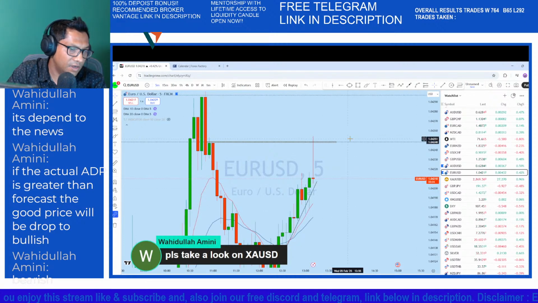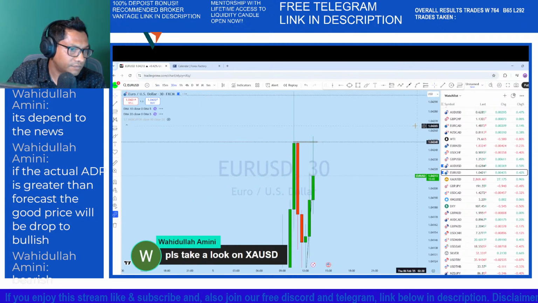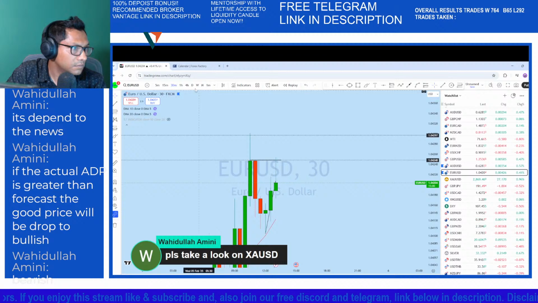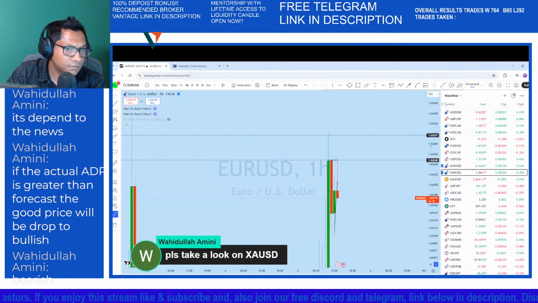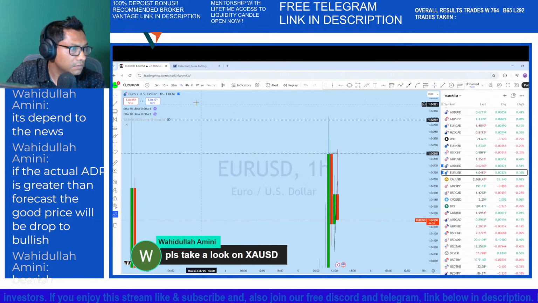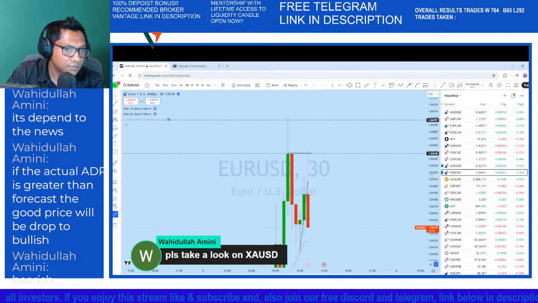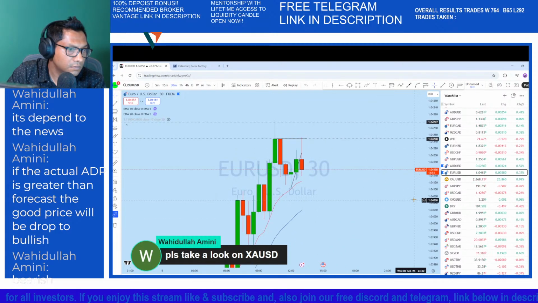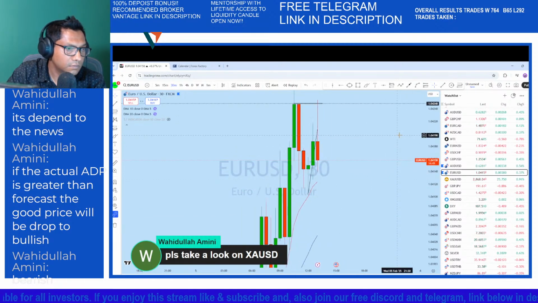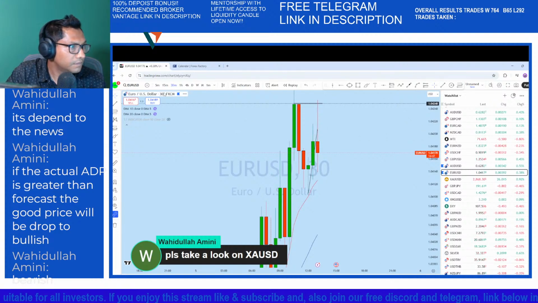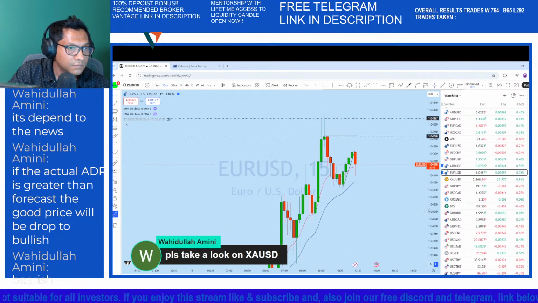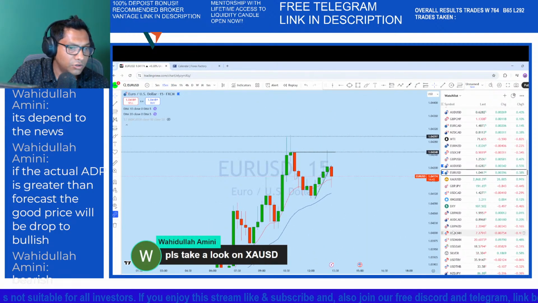If it is a higher time frame, I would look to buy from here. From here, potential move.